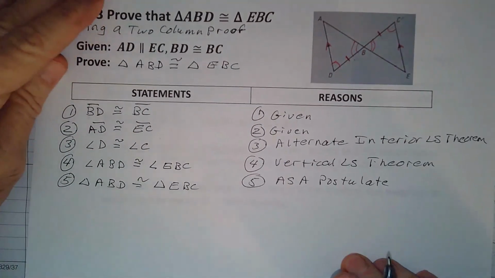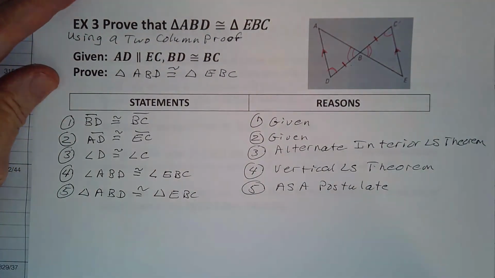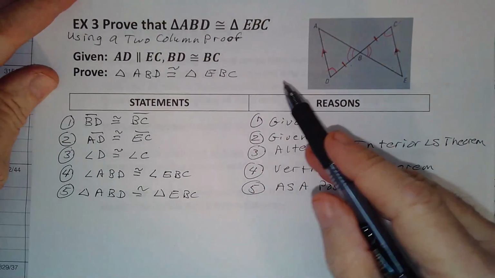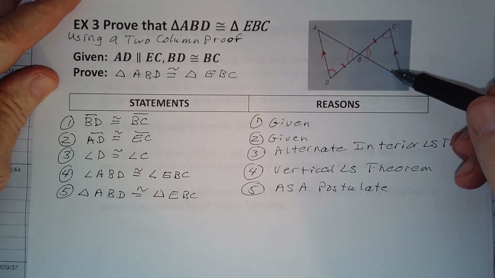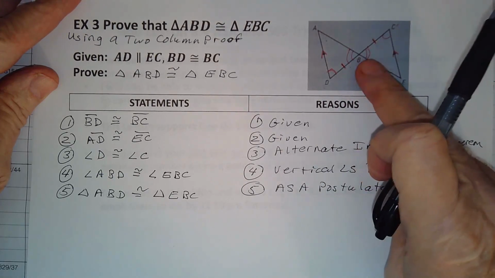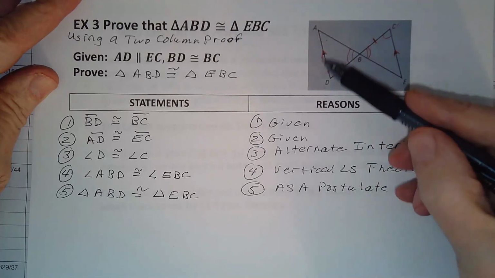So again, I could have gone two different ways. Up here I didn't tell you which postulate or theorem to use to prove this. So you could have used angle A and angle E as alternate interior angles and just ignored the vertical angle, and you would have had angle, side, angle.